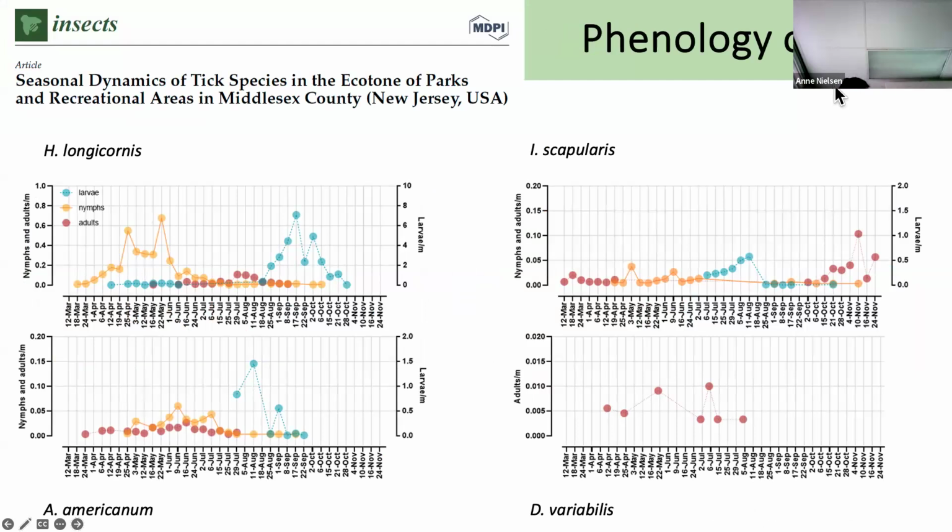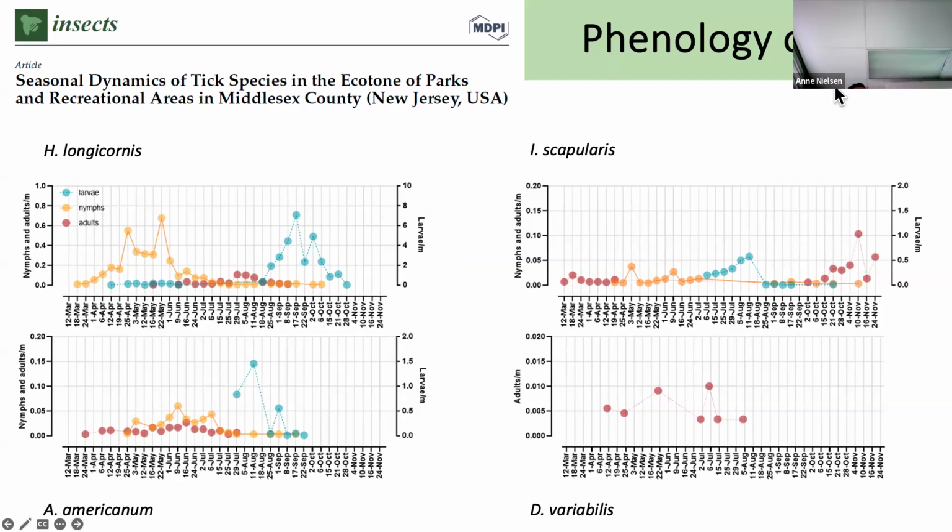I'm going to now jump to a small project that we did in collaboration with Dina. We looked into the presence of these different tick species in the ecotone. We were interested in the ecotone because it is the transitional area between the forest and the path that you find in parks, and is typically the area where people are more exposed to ticks.